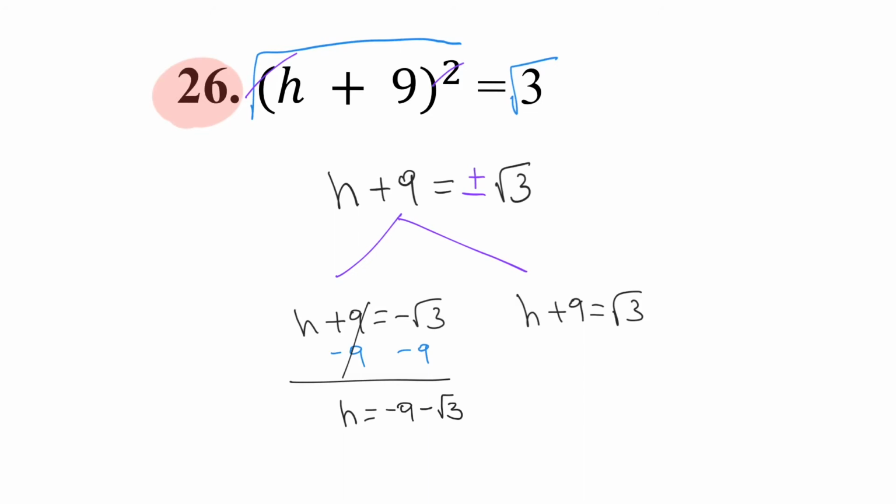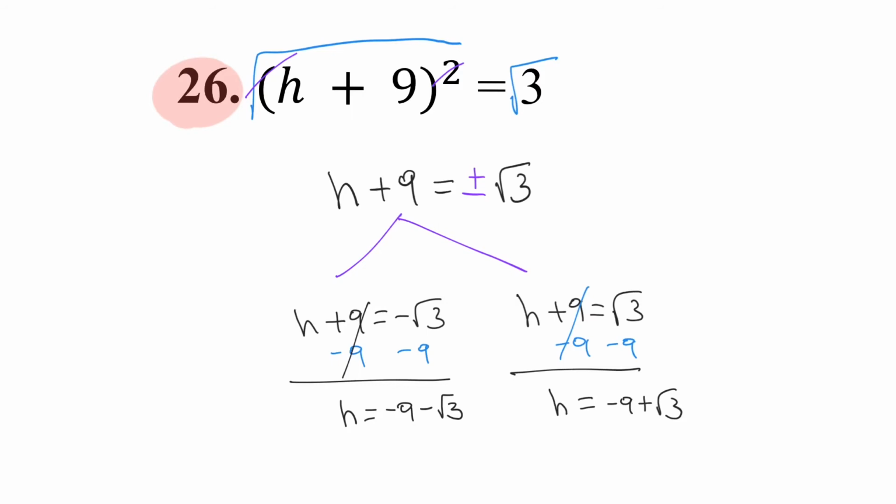That is your answer. The next one, same thing. You subtract 9 from both sides, it cancels right here. So you will have h equals, and you cannot combine these two, the negative 9 and the positive square root of 3. So you bring down the negative 9 plus square root of 3. Now notice that those two answers are kind of the same, not identical.